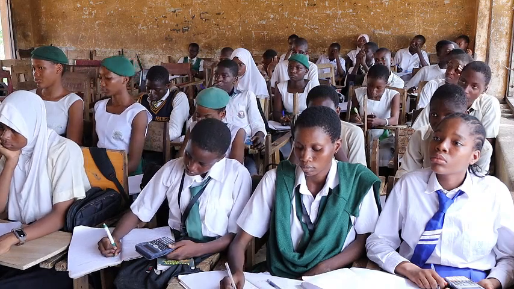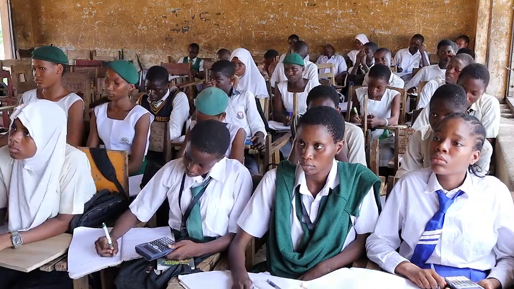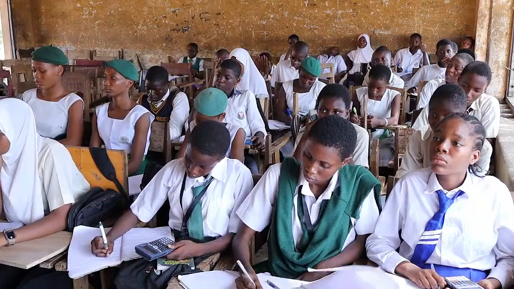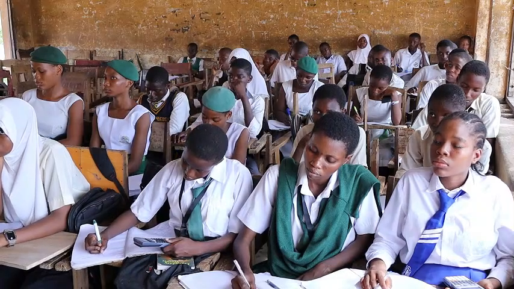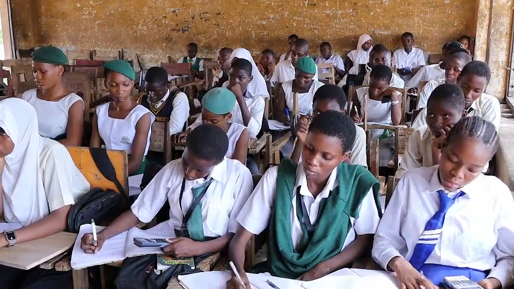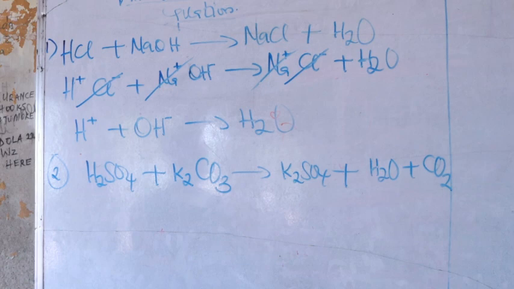So we have H2SO4 reacting with K2CO3 to give us K2SO4 plus H2O plus CO2. We want to write this equation in ionic form.